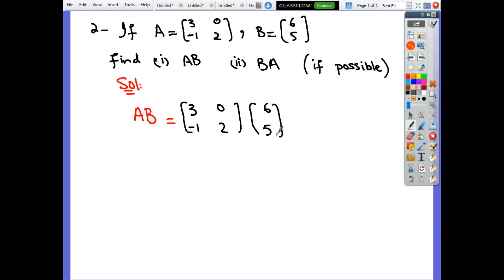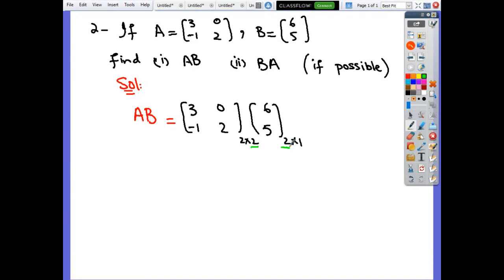Here, the order of matrix A is 2 cross 2. Order of matrix B is 2 cross 1. That is, there are 2 columns in the first matrix and 2 rows in the second matrix. Therefore, these matrices are conformable for multiplication.